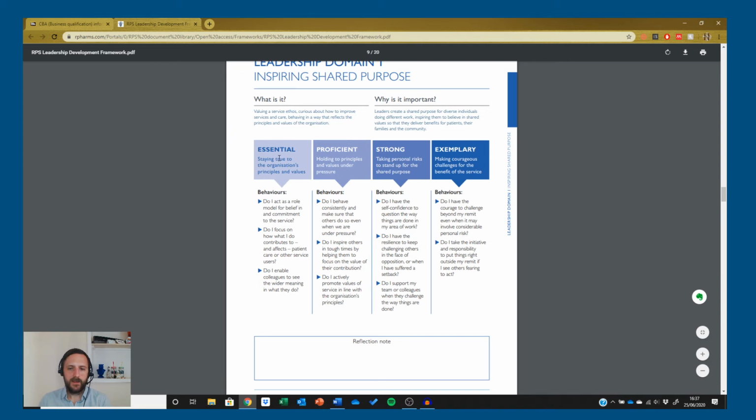Now what you'll see here is listed some skills relating to this area that it thinks are either essential. So this is what the RPS would say, as a minimum, it would like its colleagues, or people within the society, to have. And it might not be that you have all of these, but you show some behaviour in this category.